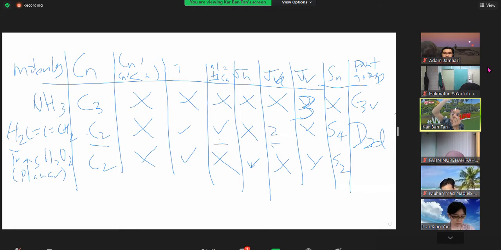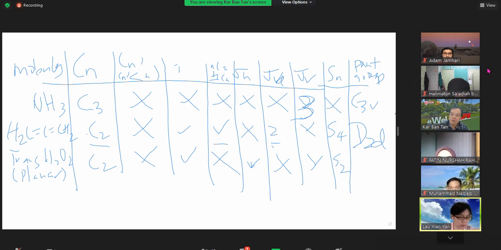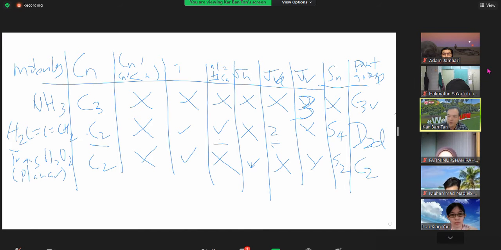Repeat: if you place the axis here, you rotate 180, your axis is vertical, your imaginary sigma h here, this one reflects to the top, this one to the bottom. So it does have S2. All right, what will be the point group for this, Gavin? C2h.